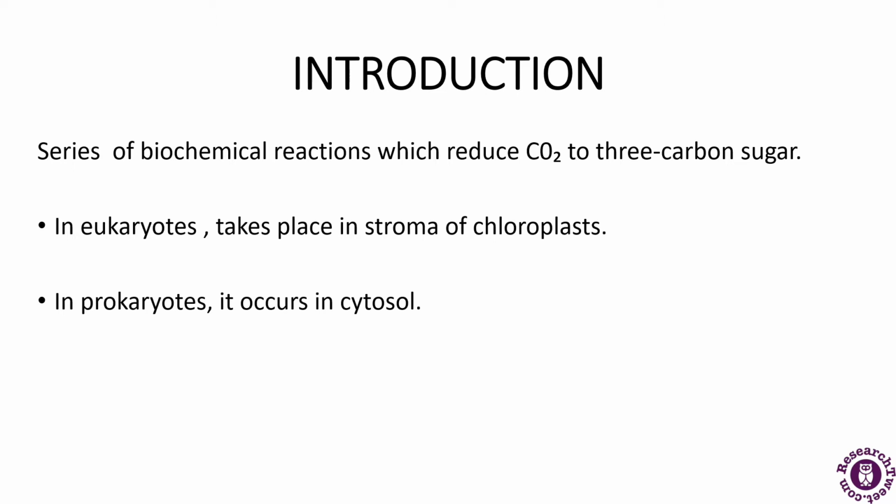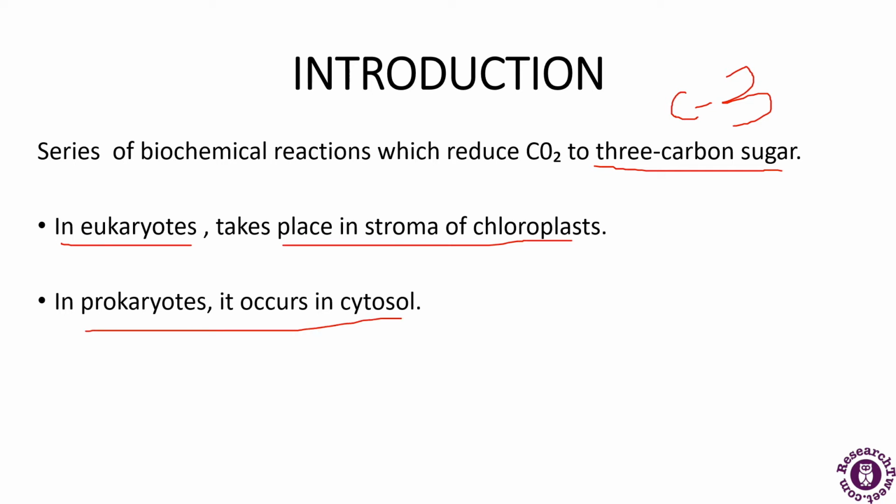So it is being converted to 3 carbon sugar, that is why it is also known as C3 cycle. In eukaryotes, it takes place in the stroma of the chloroplast, and in case of the prokaryotes, it takes place in the cytosol. So this is the introduction part, that in eukaryotes it takes place in the stroma of chloroplast, and in case of prokaryotes it occurs in the cytosol.